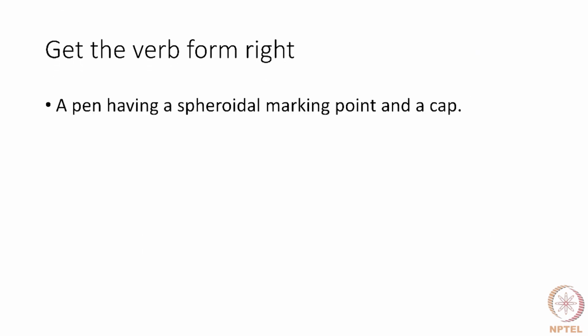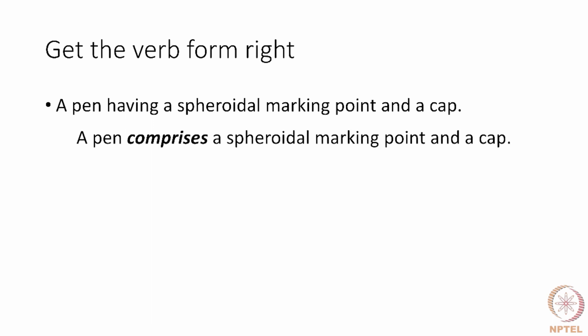Now, it's important to get the verb form right in the claim. Let's take the example which we had already seen. A pen having a spheroidal marking point and a cap. Now, you could write this as a pen comprises a spheroidal marking point and a cap.